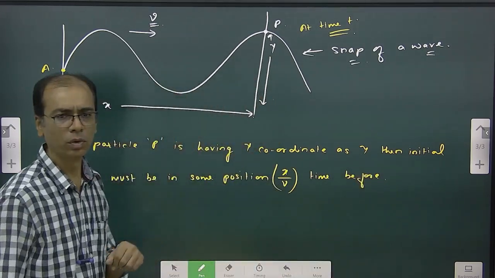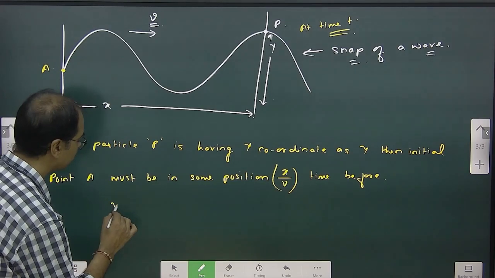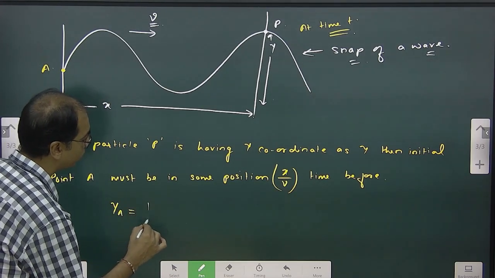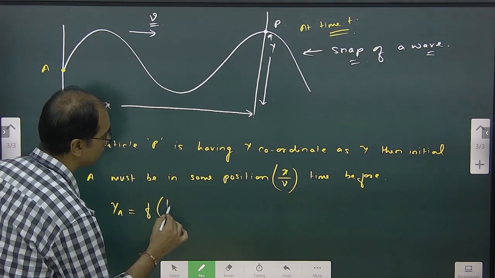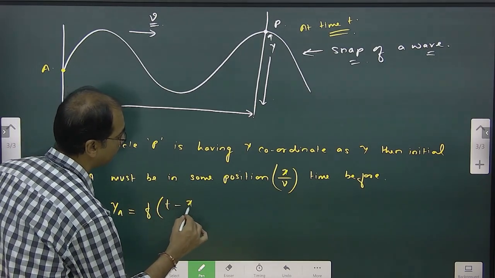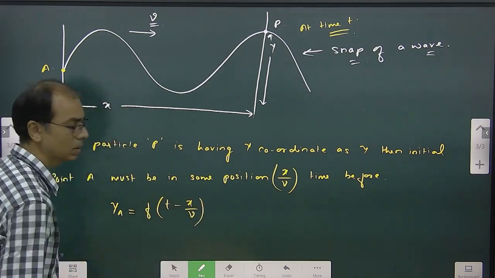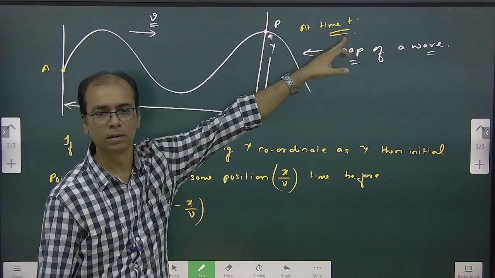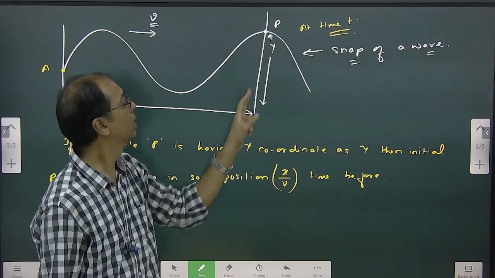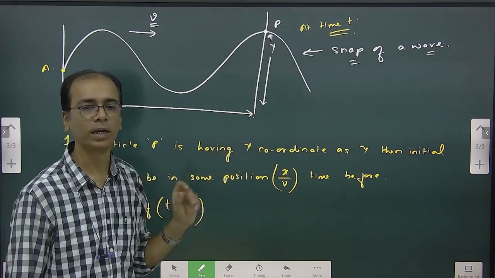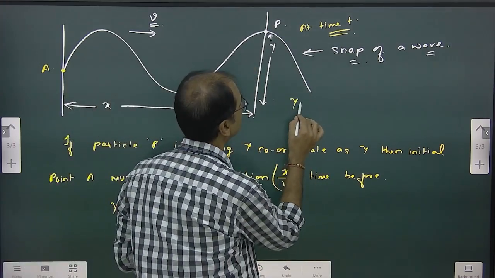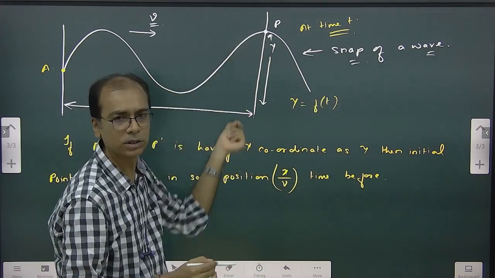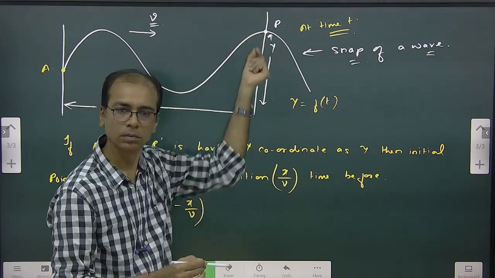So if I want to write y_A, then y_A definitely must be a function of t minus x by v. What is this? Because this is at time t, its function I am writing at the moment as a function of t only, because I am talking about this particle which is moving like this.